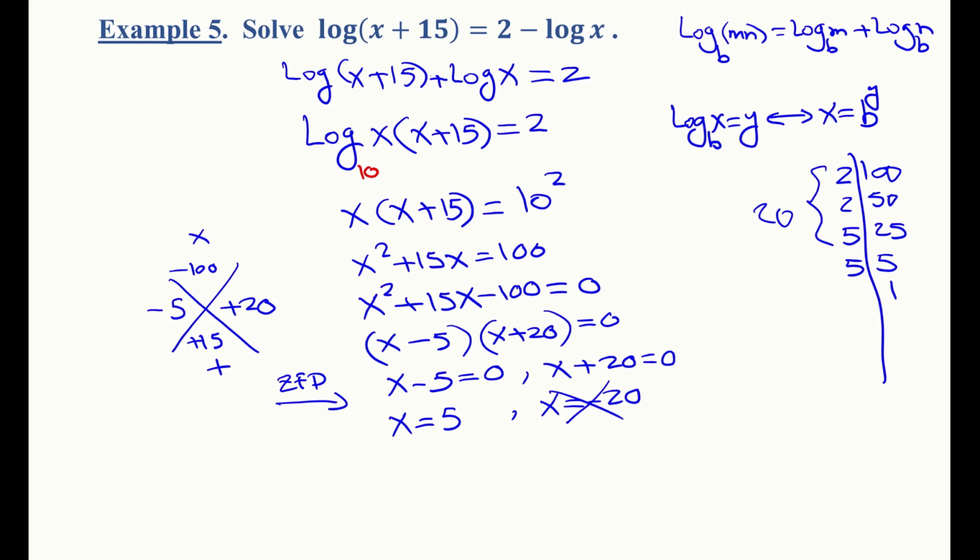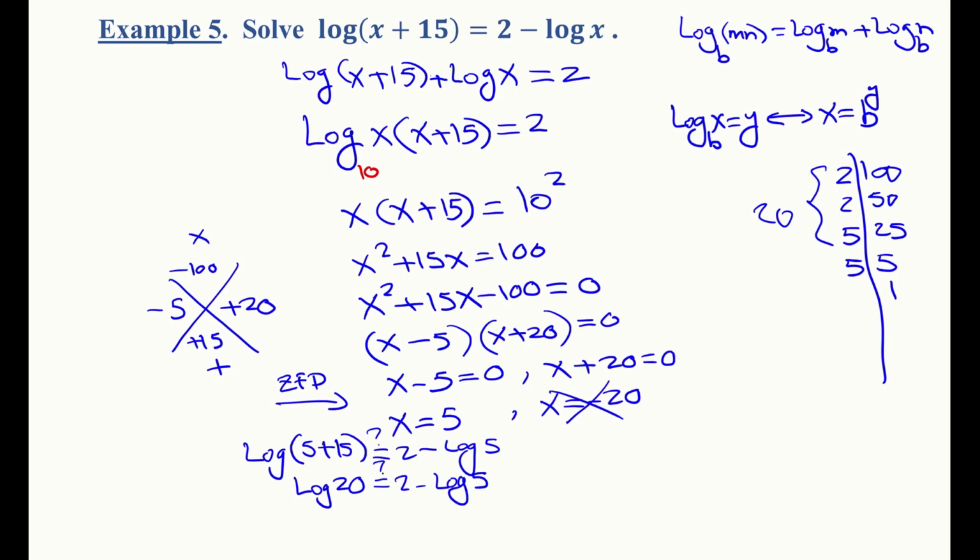So we want to make sure that log of 5 plus 15 is the same as 2 minus the log of 5. So here we have log of 20. We want to know if that's the same as 2 minus log 5.